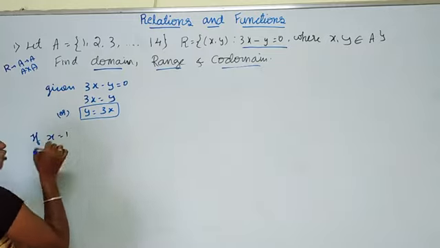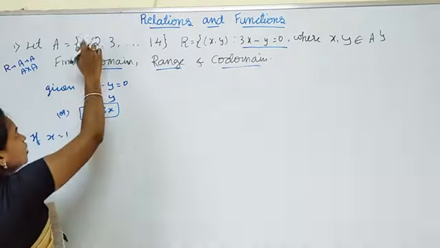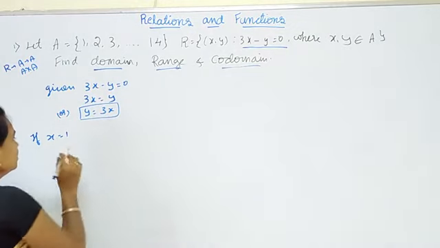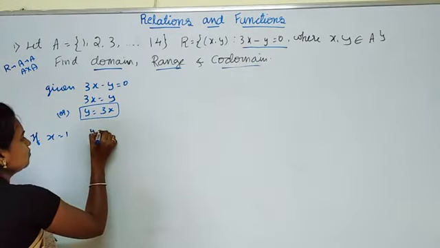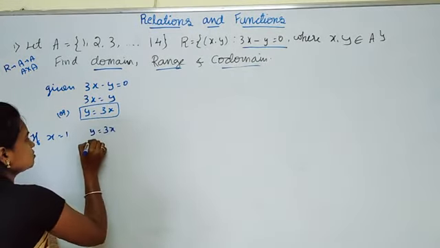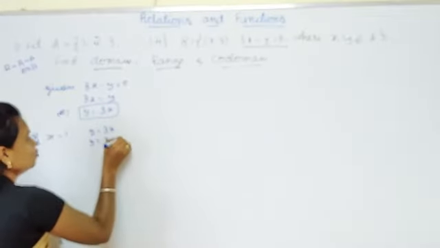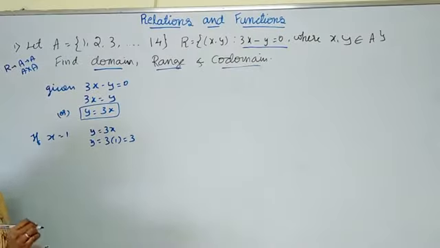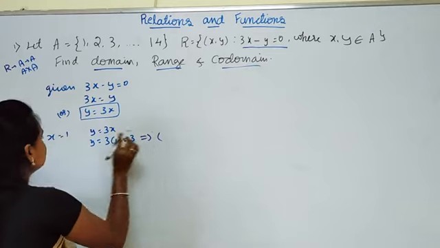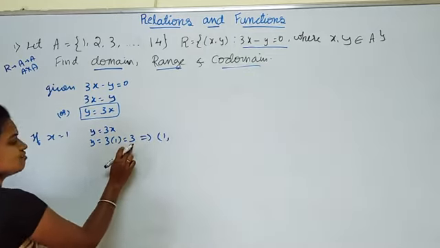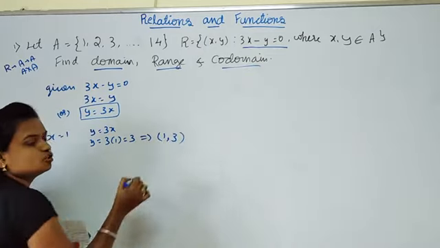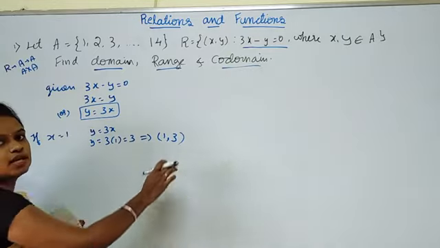If x is equal to 1, because 1 is an element of A, then y is 3 into 1, that is 3. So the ordered pair is (1, 3).